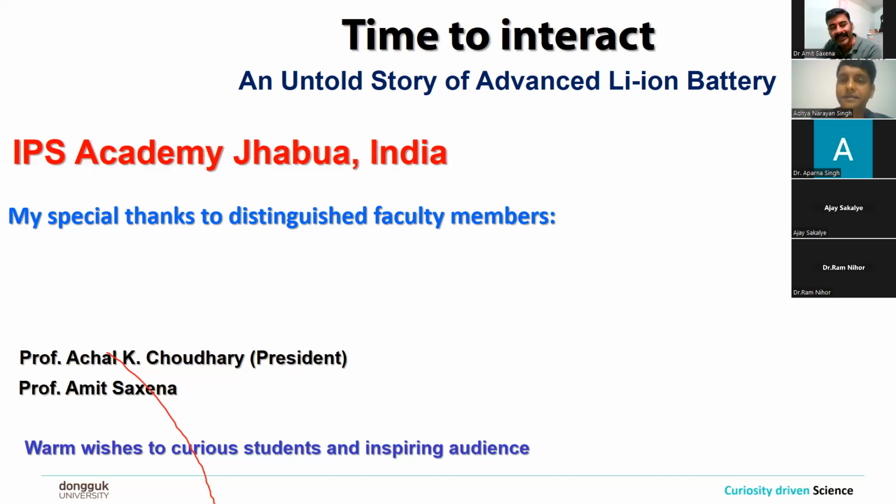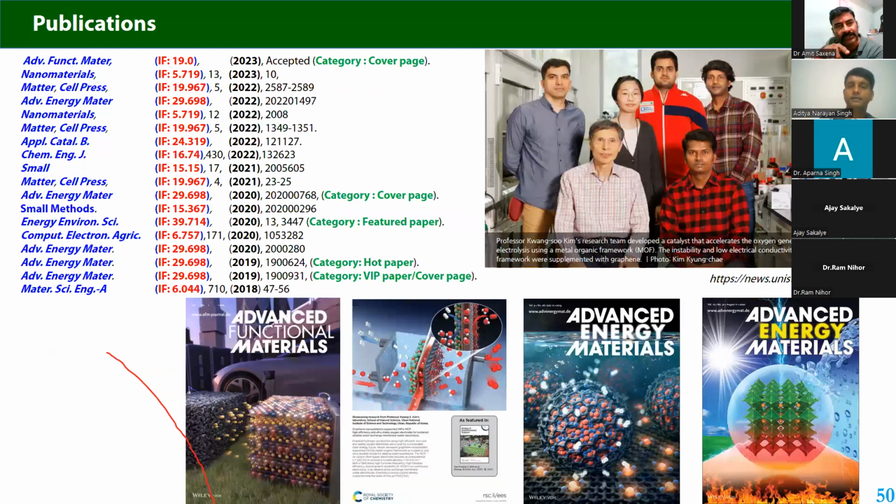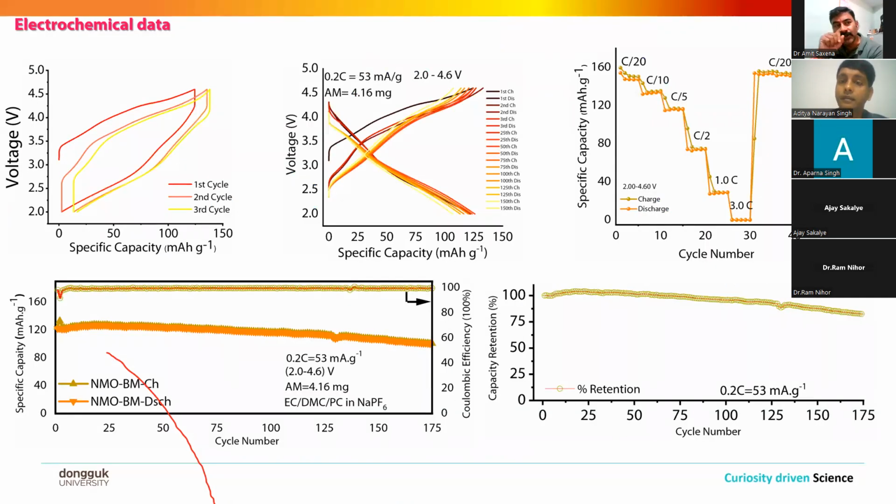My other idea is, if people somehow succeed in developing batteries based on sodium ion, as you mentioned, the size of the sodium ion is a bit higher than the lithium ion. Does it affect the density as well as the entire size of the battery? Yes, sir.